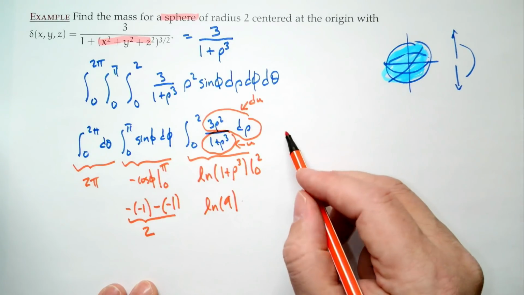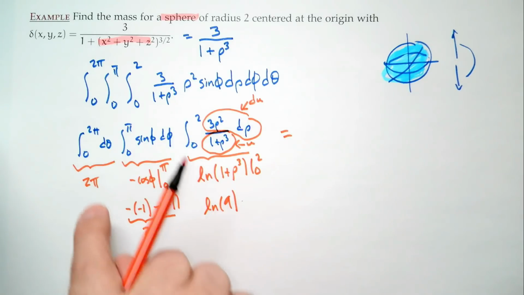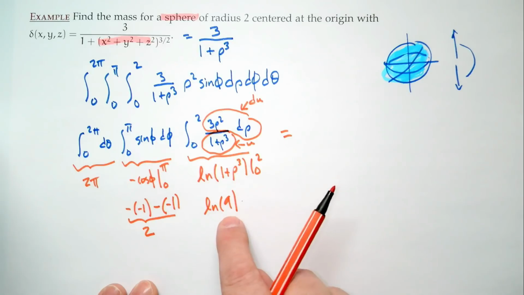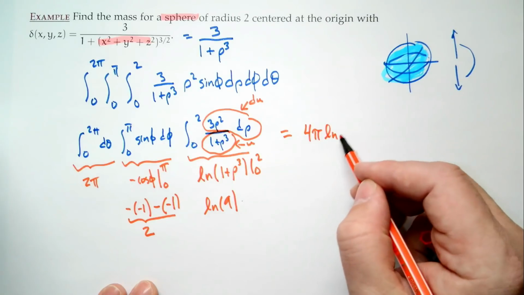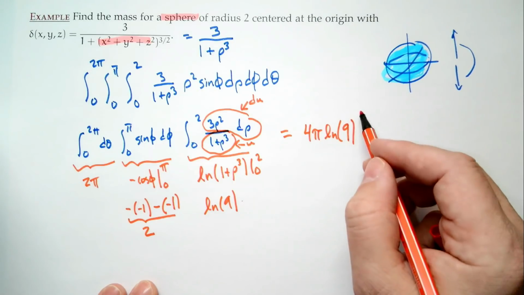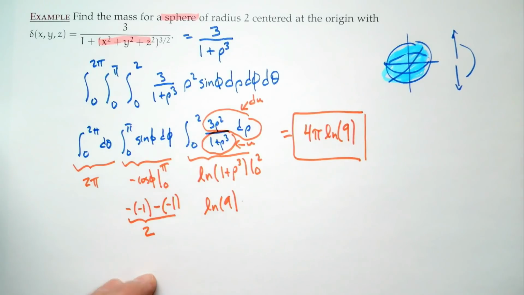So what's our final answer? We get 2 pi times 2 times log of 9, so that's 4 pi log of 9. And now we're done, and that wasn't so bad. See, once you have the right coordinate system, things simplify. Things get better. All right.